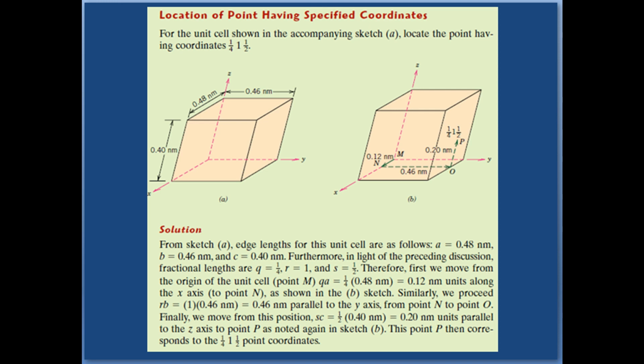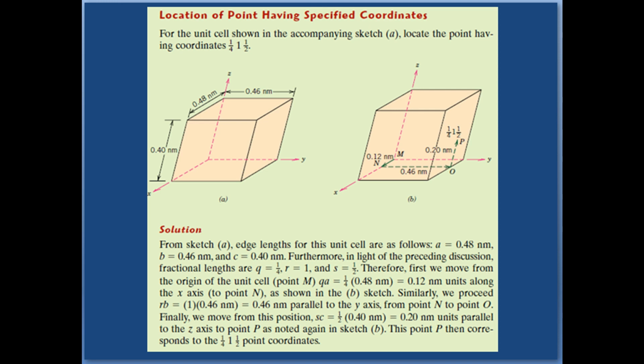Accordingly, the r coordinate corresponds to the distance along the y-axis and the s coordinate corresponds to the distance along the z-axis. So qa represents the distance along the x-axis, rb represents the distance along the y-axis and sc represents the distance along the z-axis. The q coordinate corresponds to the distance qa, the r coordinate corresponds to the distance rb along the y-axis, and the s coordinate corresponds to the distance sc along the z-axis.